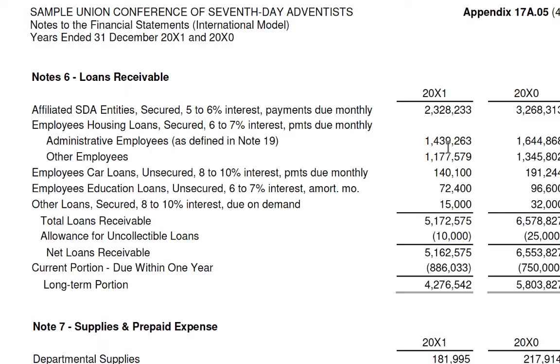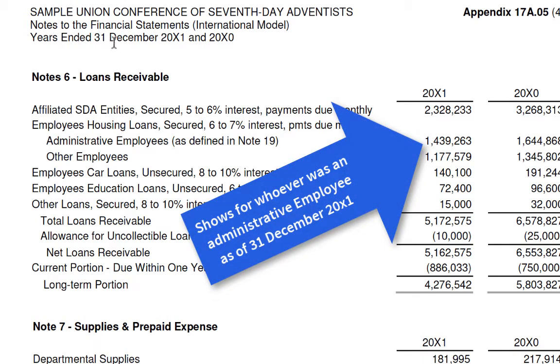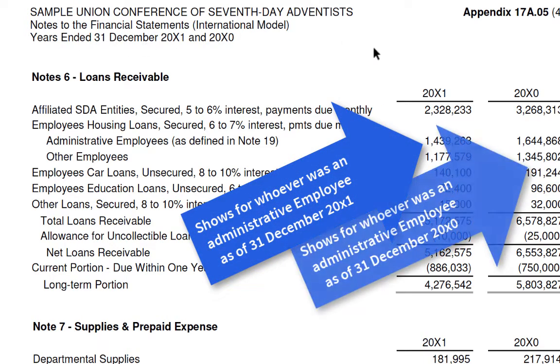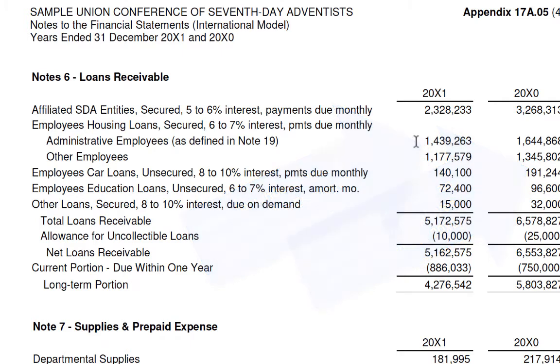Okay, whoever is the administrative employee at the balance sheet date, statement of financial position date, whoever's the administrative employee on that date, that's the receivables that have to be shown. So you see the difference. Here you look at whoever's in the office at the balance sheet date and show their receivables.